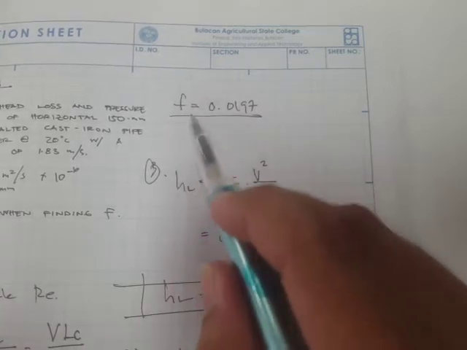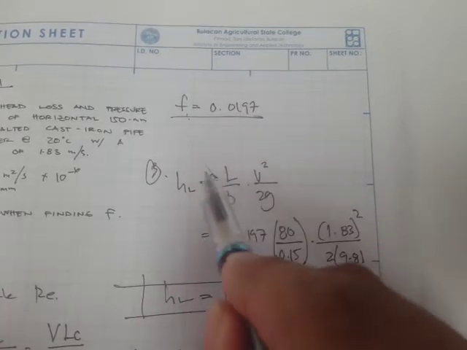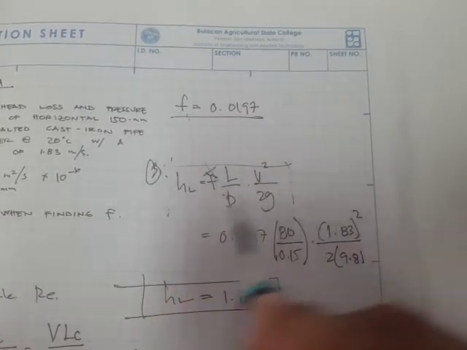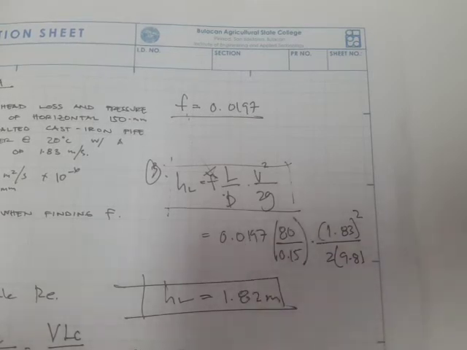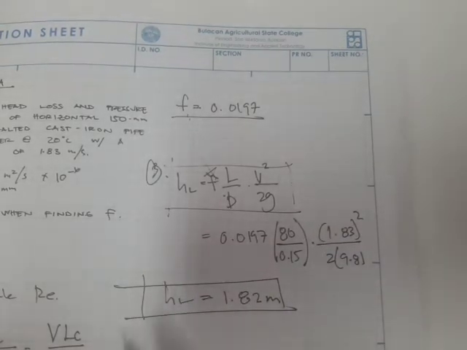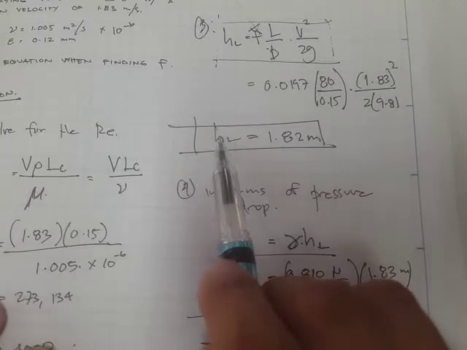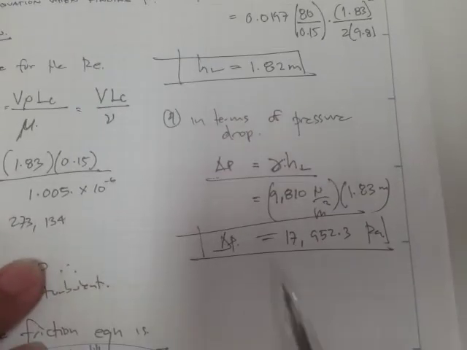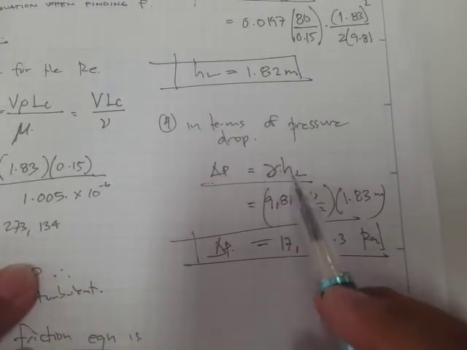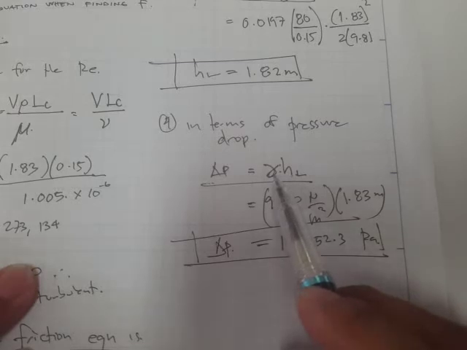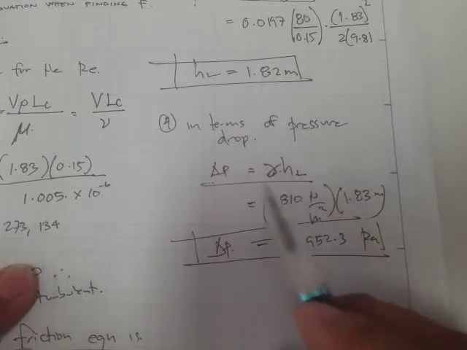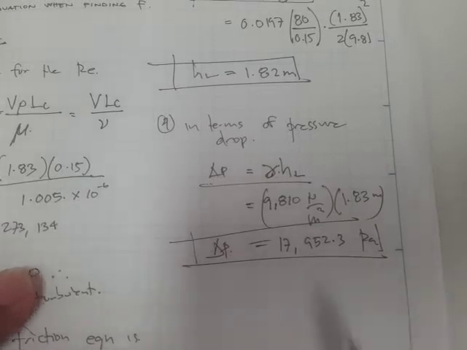Because we now have the value of F, we can substitute that into this Darcy-Weisbach equation and solve for the head loss. Once you have the head loss, you can convert that into pressure drop by multiplying the head loss by the unit weight of the fluid, and we get this value.